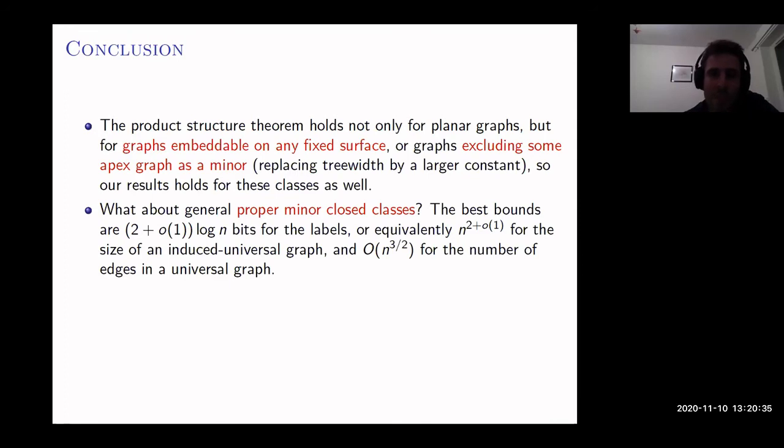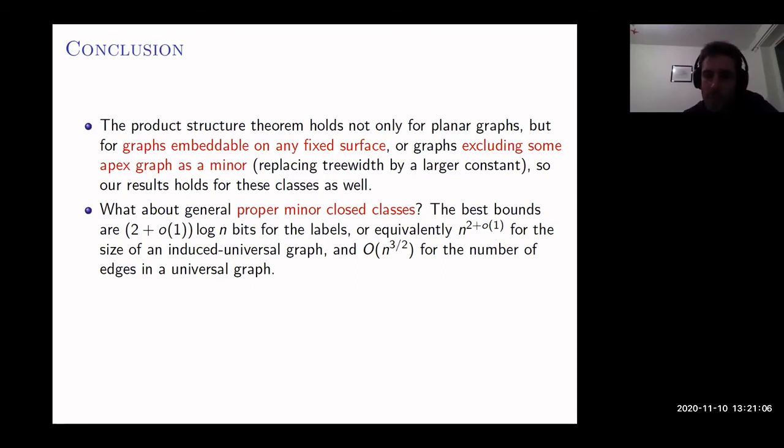So graph classes with very nice properties satisfy this product structure theorem, and they all satisfy our results immediately. But general proper minor closed classes don't satisfy this structure theorem. And for them, the best known bound remains 2 log n for the adjacency labeling scheme, so n² for the size of an induced universal graph, and n⁻³ for the number of edges in a universal graph, because proper minor closed classes also satisfy the Lipton-Tarjan theorem.